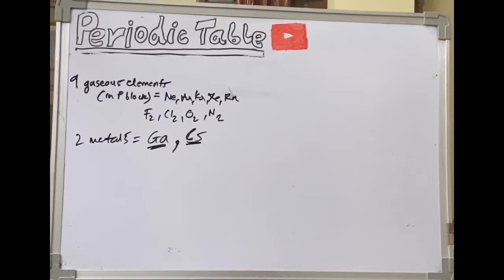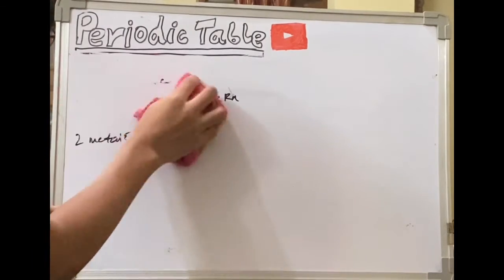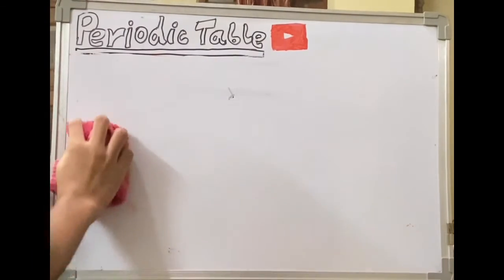So the f block elements are nothing but the elements which lie in the actinide and lanthanide series. So you'll have to draw the periodic table again. I won't draw the complete table. Just a second.